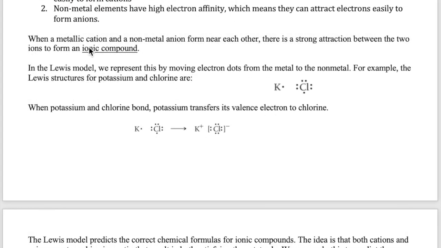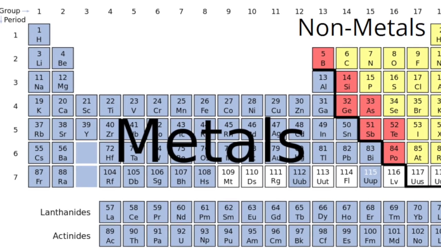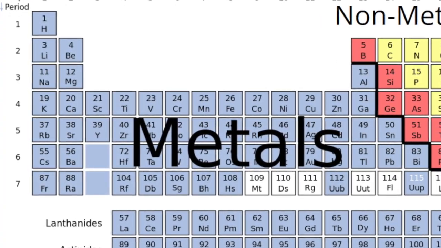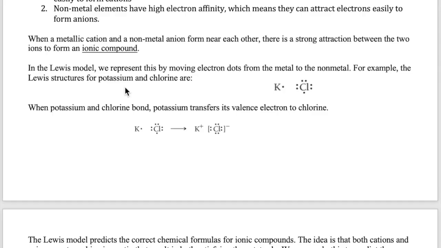Now that we understand how to draw simple Lewis structures for elements, we can progress to drawing structures for ionic compounds. Remember that in our discussion of periodic trends, we noticed the following: metallic elements, which are elements on the left side of the periodic table, tend to have low ionization energy.